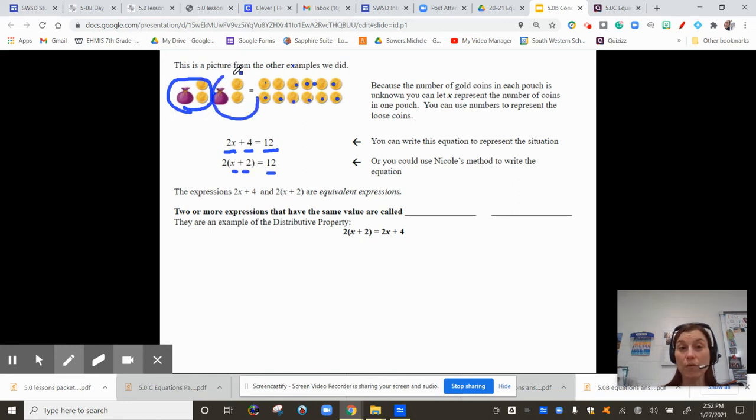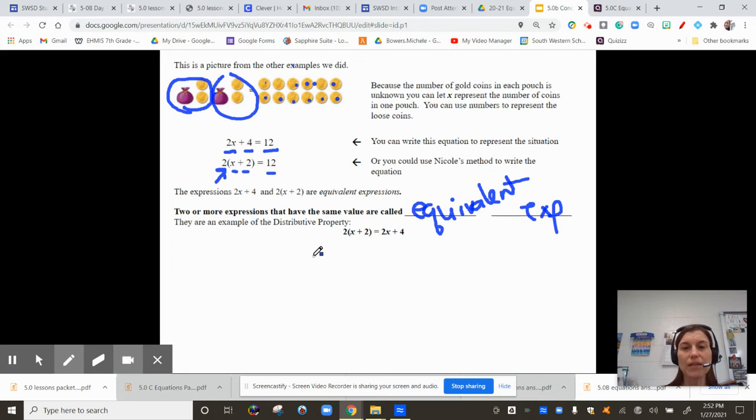And there's 2 of them. So you're multiplying that by 2. Those are equivalent. And 2 or more expressions that have the same value are called equivalent expressions. Equivalent. I'll spell the word equivalent. And then the next word is expressions.